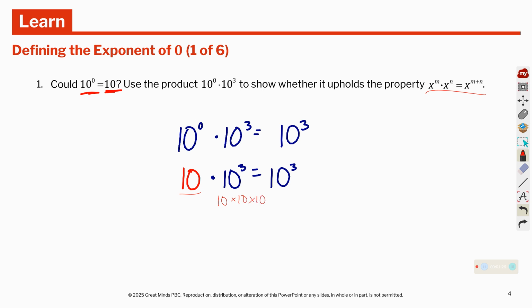So this would indicate that it should be 10 to the fourth. And 10 to the fourth is not equal to 10 to the third power. This means that 10 to the 0 cannot equal 10.